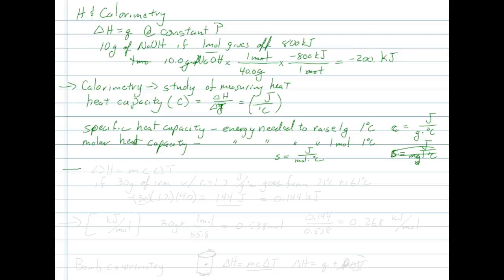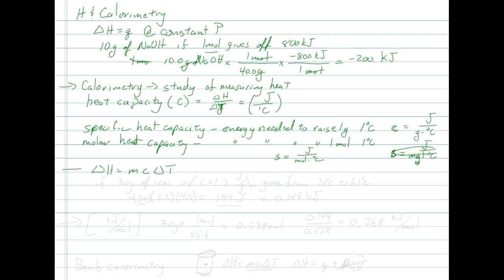Example problem. The equation is delta H equals mc delta T: the mass times the specific heat times the change in temperature will give you the change in heat. So this is what happens in a calorimeter cup if the pressure is constant.